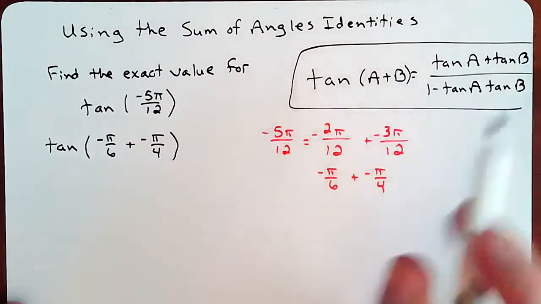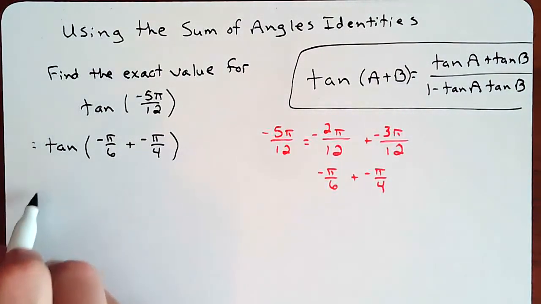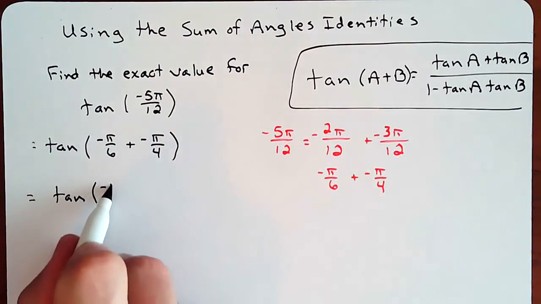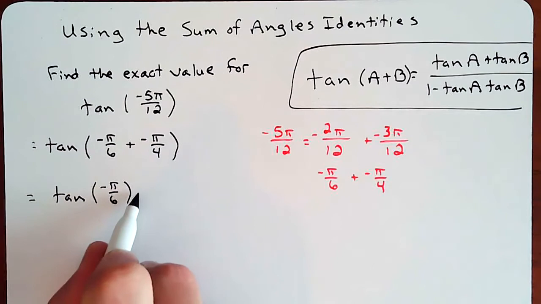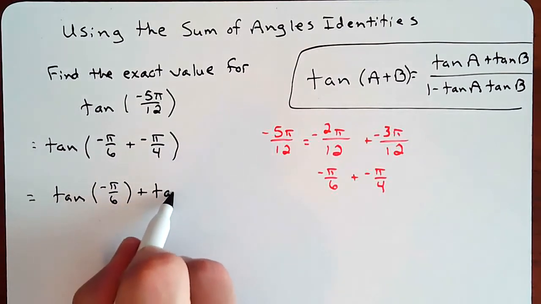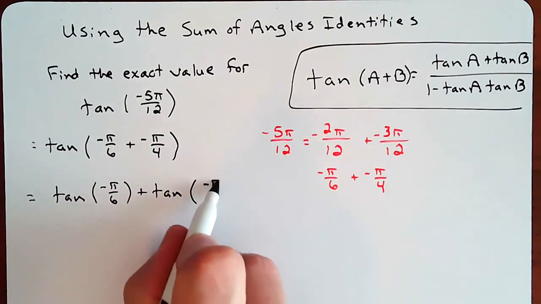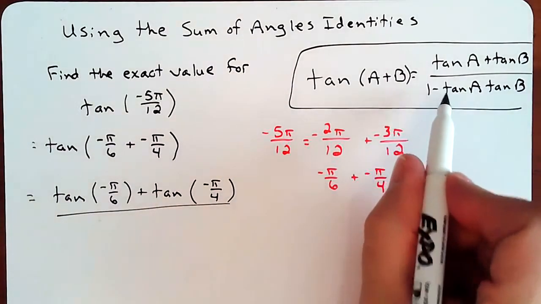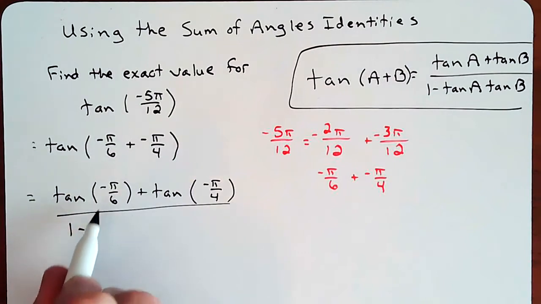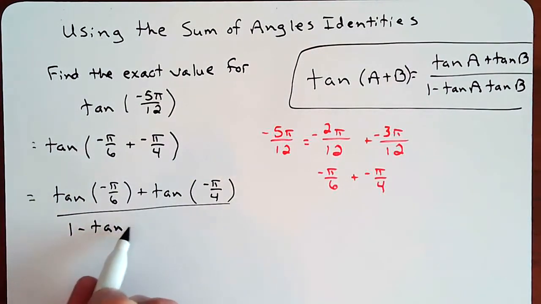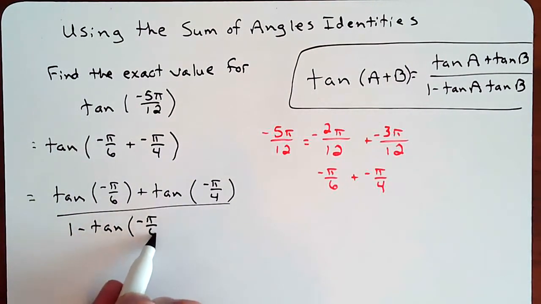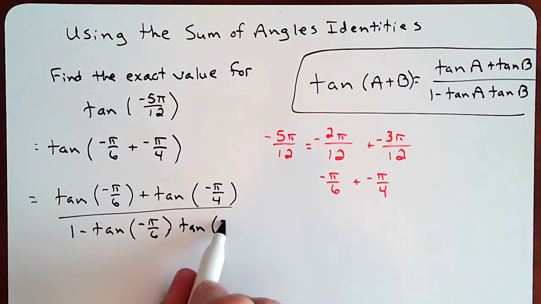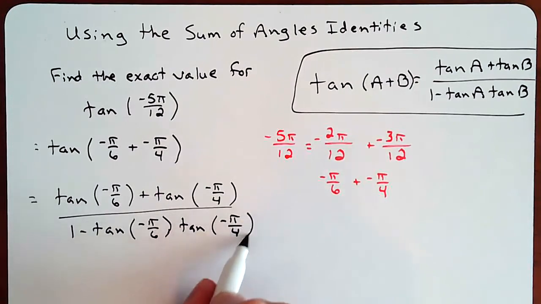So the tangent is going to equal this: tangent of our first angle, negative pi over 6, plus tangent of our second angle, negative pi over 4, divided by 1 minus these same two values, tangent of negative pi over 6 times tangent of negative pi over 4.